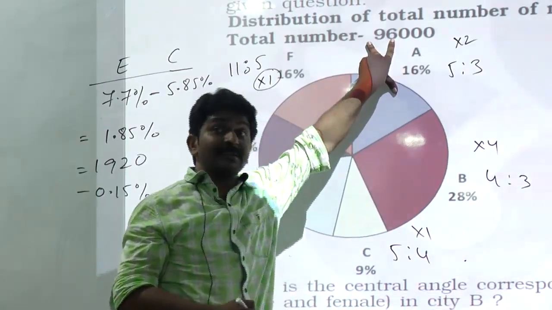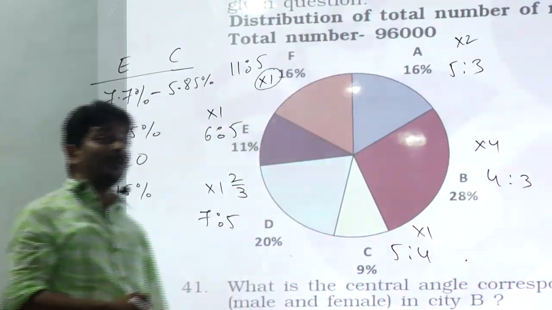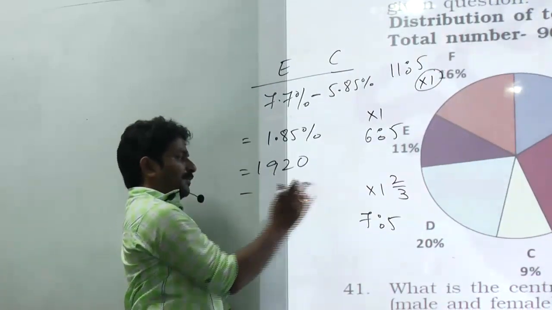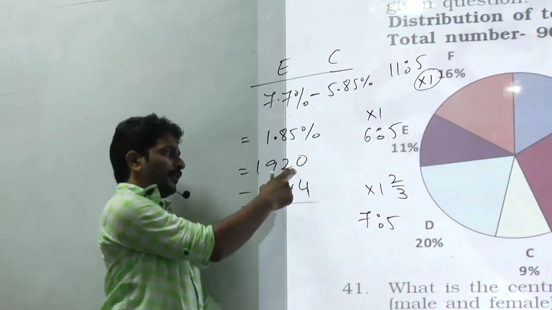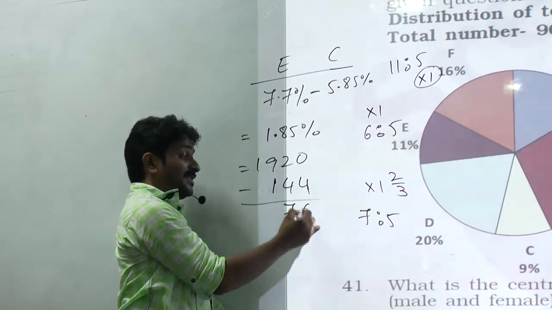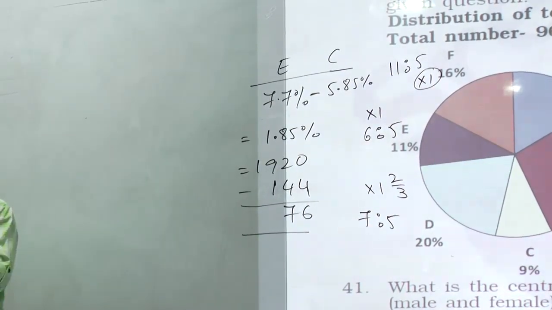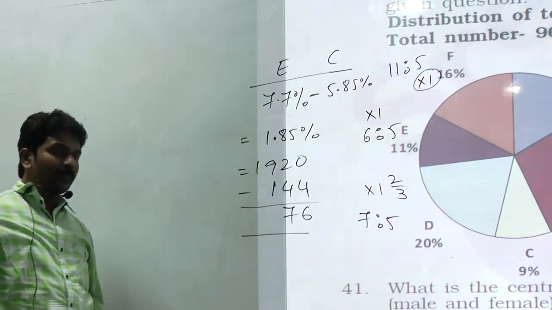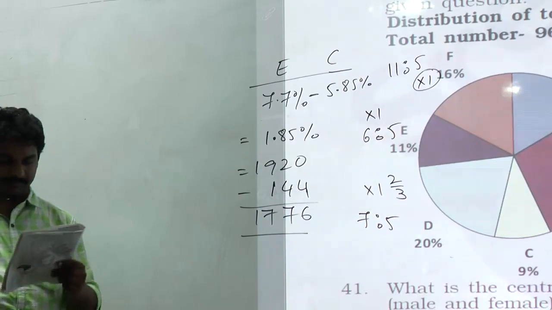Half of 96, 48. 96 plus 48, 144. So you need to subtract 144. How much is this? 1920 minus 144, 1776. Answer should end with 76. There is only one. 1776. You need not calculate the total value.